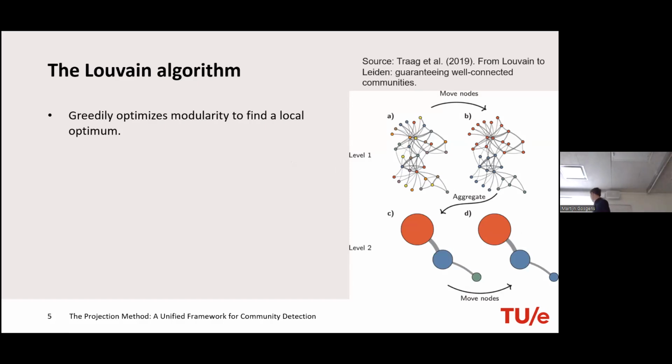And then in the first step, it iterates over all the nodes and tries to increase modularity by relabeling it to the communities of its neighbors. And when that is no longer possible, when it has reached a local optimum, what it then does is it aggregates each of these communities and then repeats the same, but with these aggregated nodes, relabeling them.